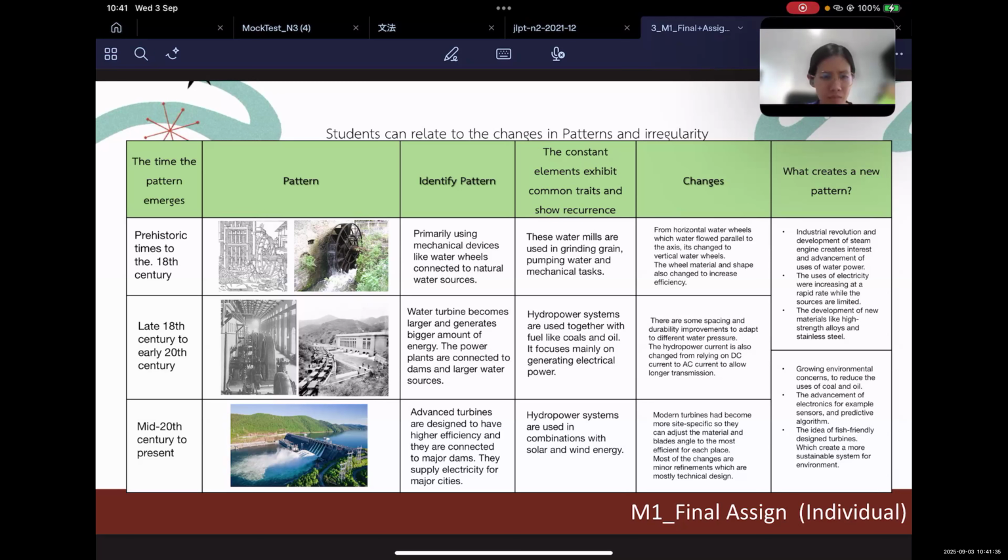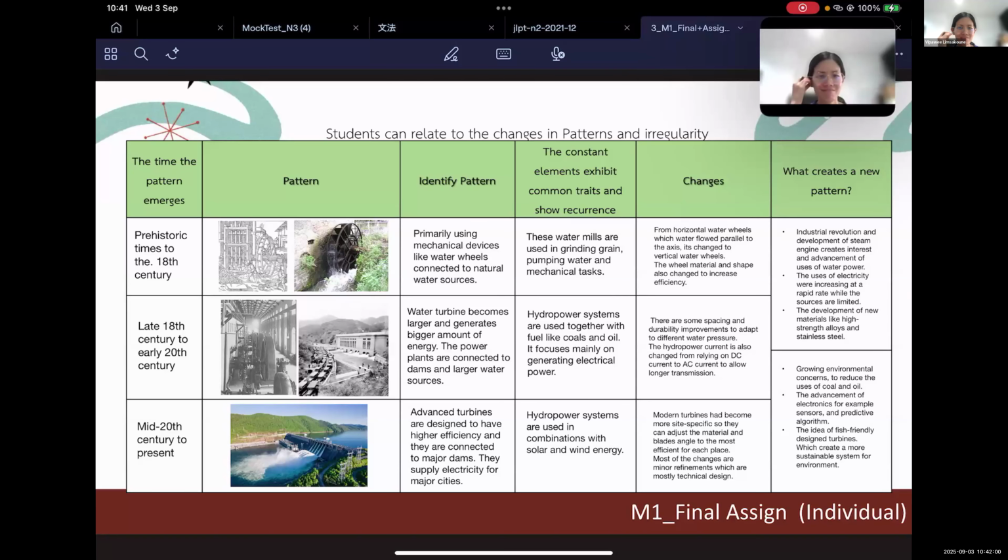The last one still uses a little bit of fuel, but also uses solar and wind energy to help the water pump move water from a lower reservoir to a higher one, and then let it fall back down.